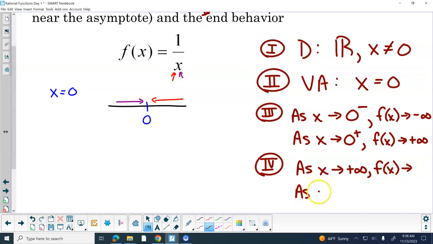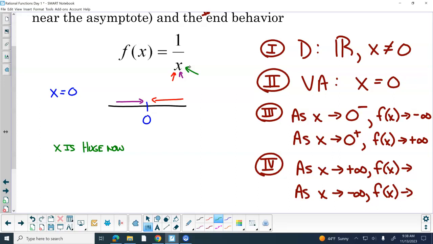And as x approaches negative infinity, what's my function doing? So now my x value that I plug into the function, x is getting huge. So when I plug that in, now I've got positive 1 divided by a number that's getting bigger and bigger.